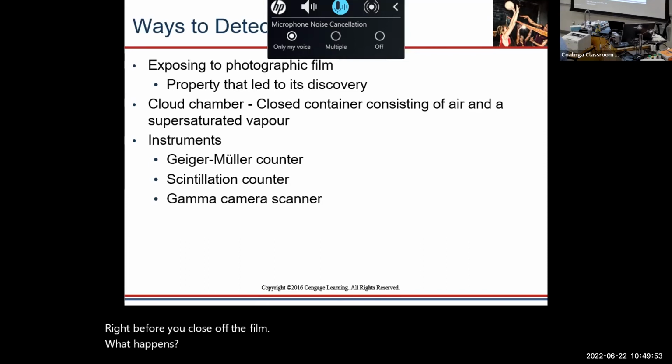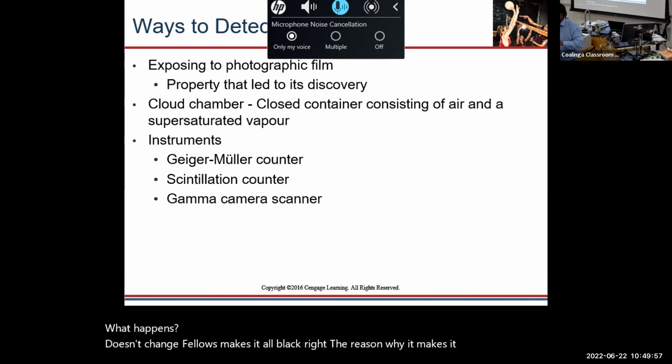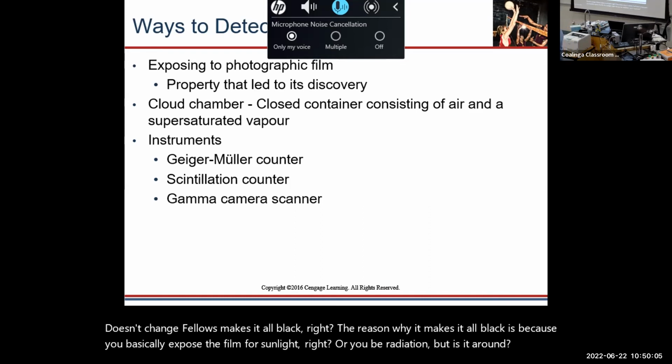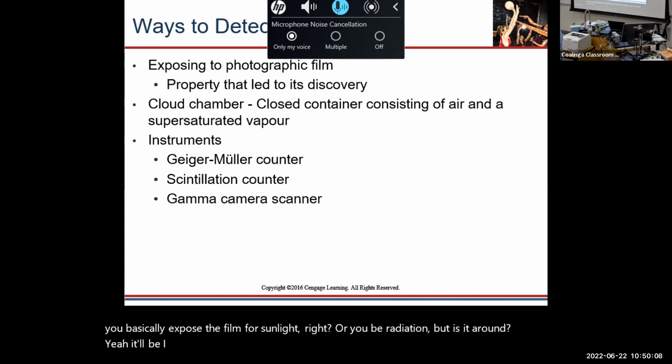It doesn't change colors. It makes it all black, right? The reason why it makes it all black is because you basically expose the film to sunlight, right? Or UV radiation. But isn't it brown and it turns to black, right? Yeah, that's right. I guess it does change the color to black. That's the only color it changes, right? So you have totally black film with no images on it, right?